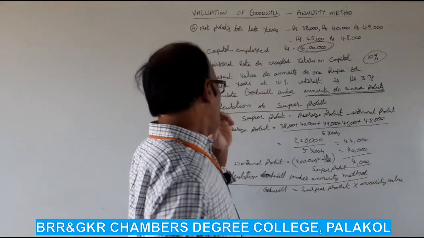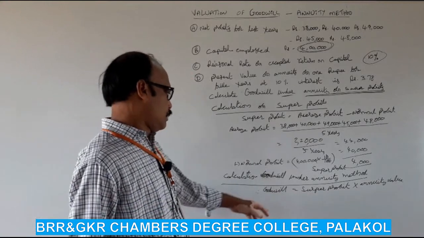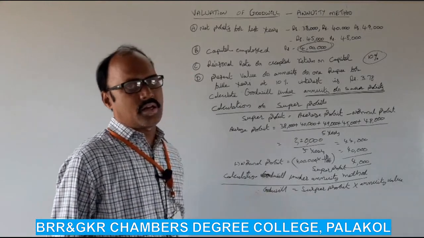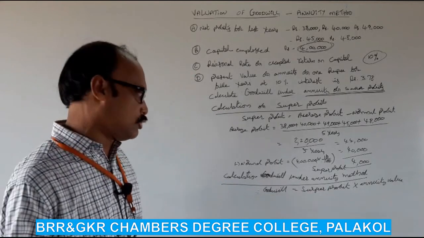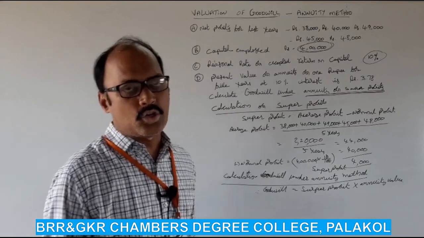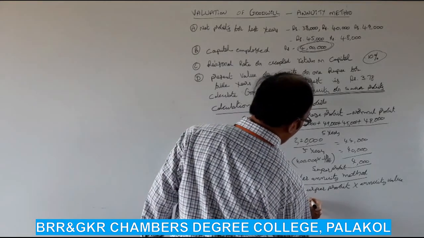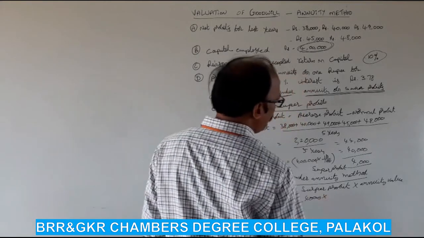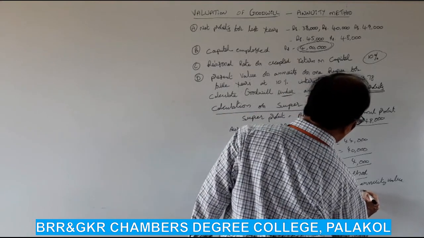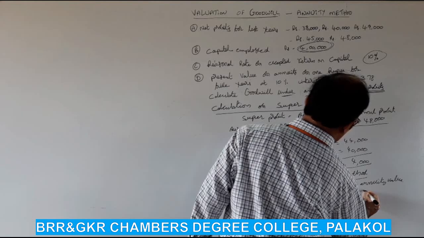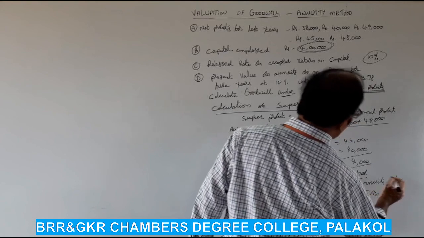The principle for calculation of goodwill under annuity method is super profit into annuity value. Super profit 4,000. Next, annuity value 3.78, that is equal to 15,120 rupees to be treated as goodwill value.